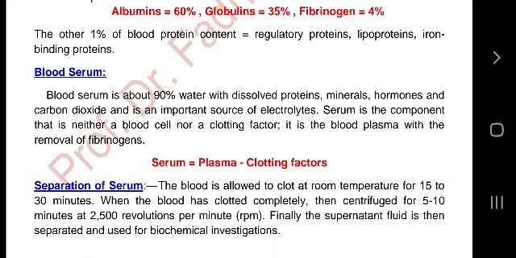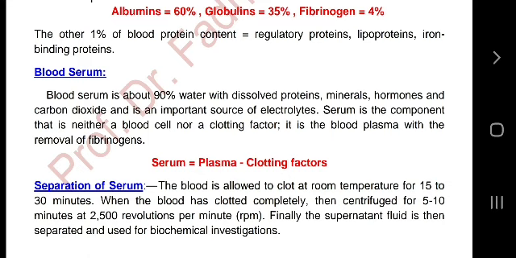Then the blood has clot. لاحظ حدوث clotting in the sample completely. After the clot is formed, then centrifugation for about 5 إلى 10 minutes إلى حوالي 2000 إلى 2500 revolution per minute أو نسميها ال RPM.